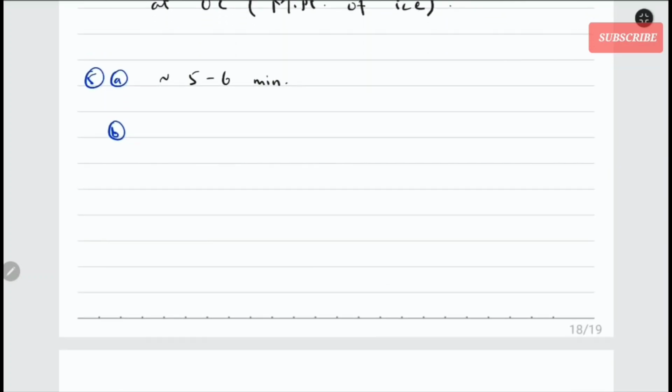So when steam or the vapors are being condensed, when the steam is condensing to liquid form, which in this case is water, right? This is what happens at this point.